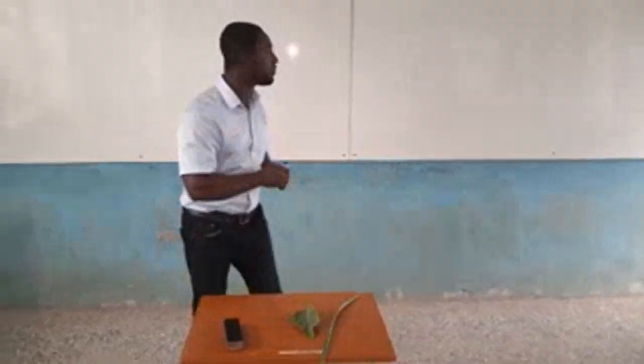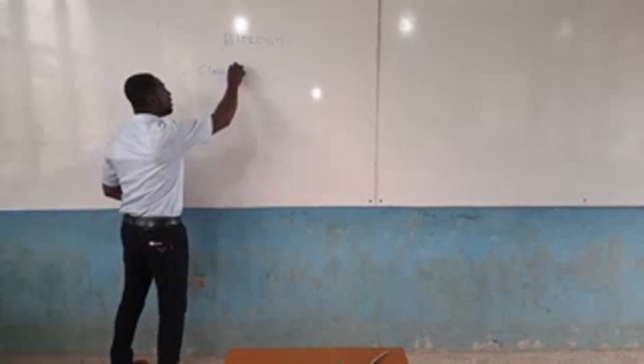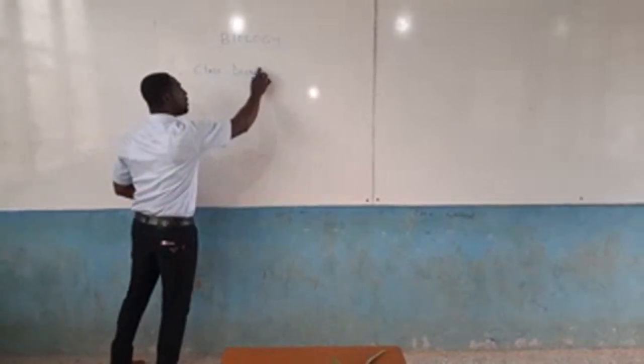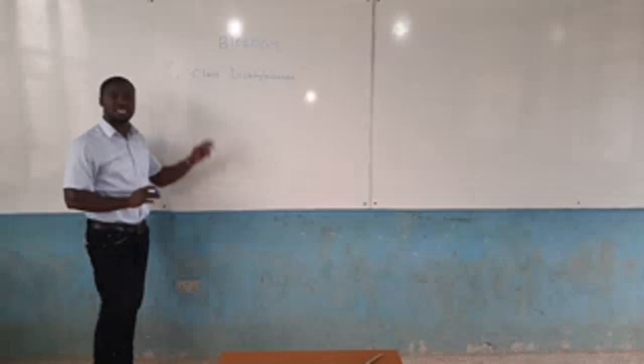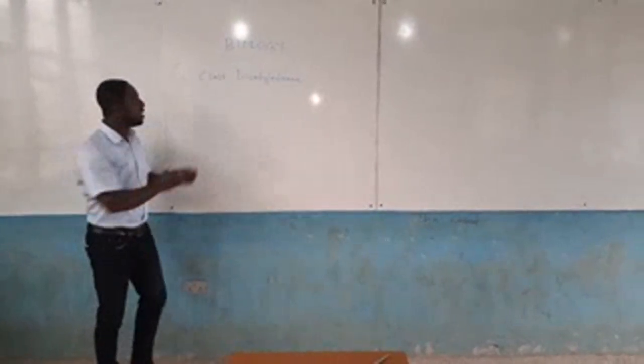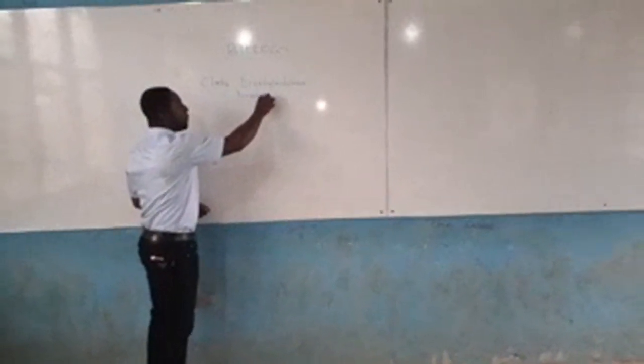In our previous lesson, we got to know that there are two main classes of plants in the division Angiospermophyta. Now these two classes of plants are: one, class Dicotyledonei. These are what we call the dicot plants.